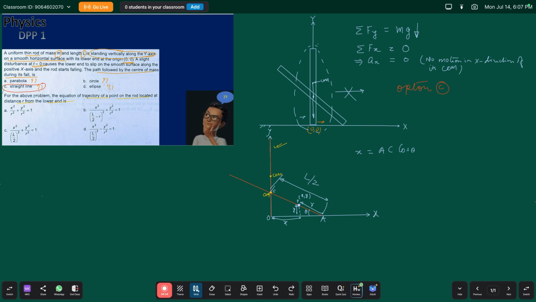cos theta minus r cos theta. AC, you know, is L by 2. So you can write x equals (L by 2 minus r) into cos theta. This is equation 1.